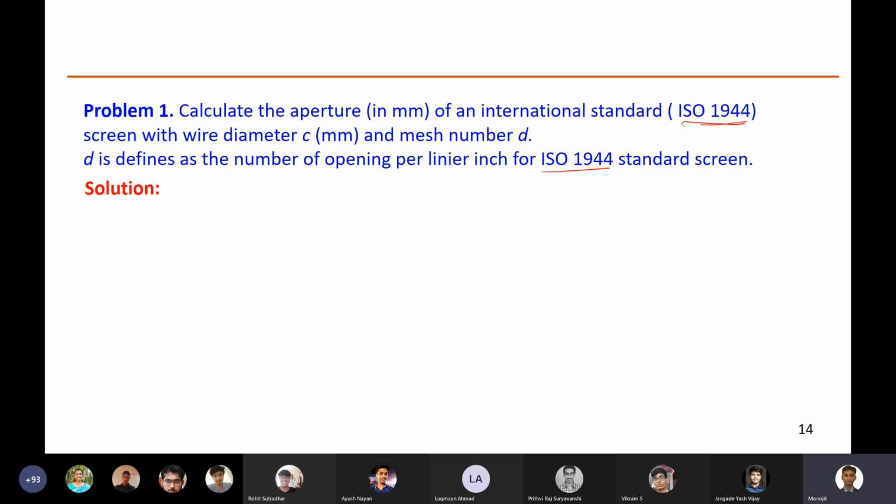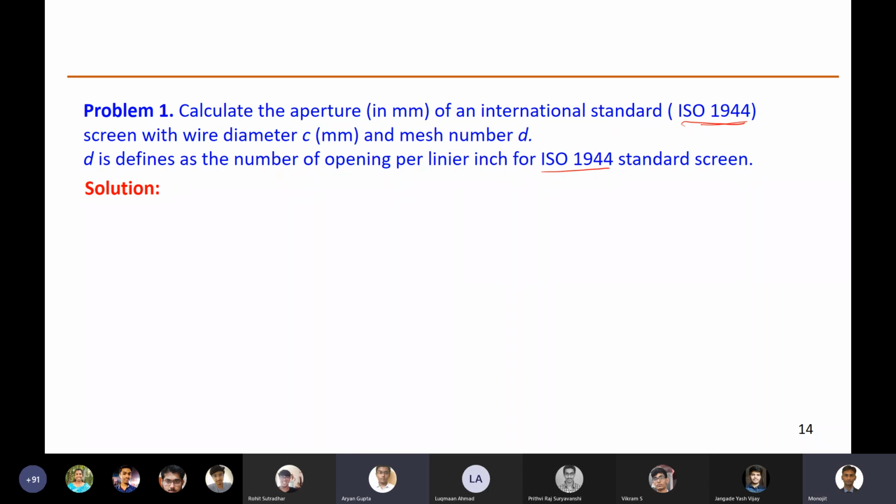And what does this wire diameter have to do here? Sir, the thickness of the wire used for the mesh. Yes, where will it come into the picture? Yes, sir, it will cover some area so that the effective area of the mesh changes. Okay. Whatever you are saying is absolutely right.